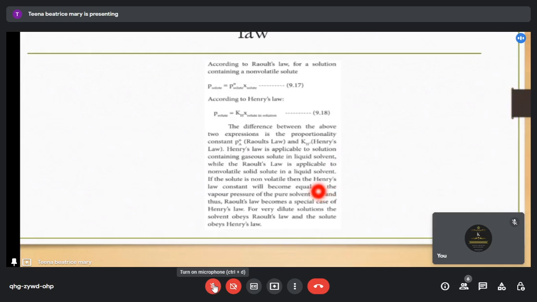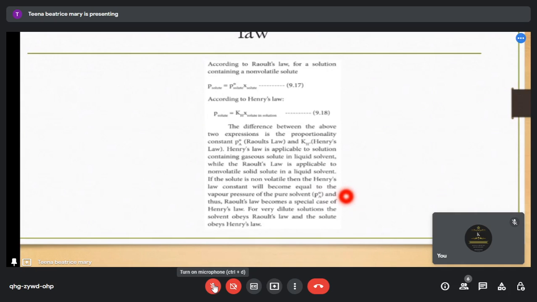It becomes a special case of Henry's law only when it becomes equal to the vapor pressure of pure solvent.